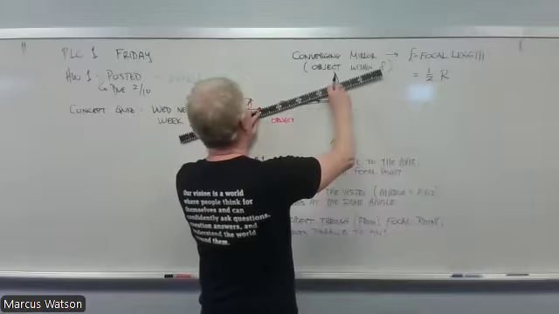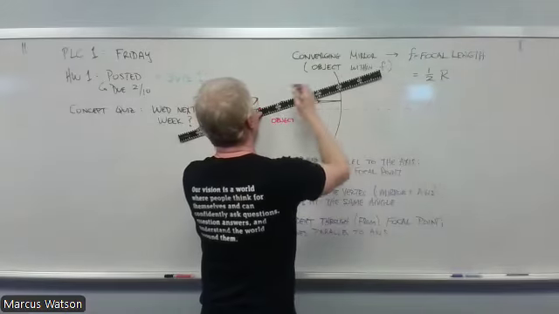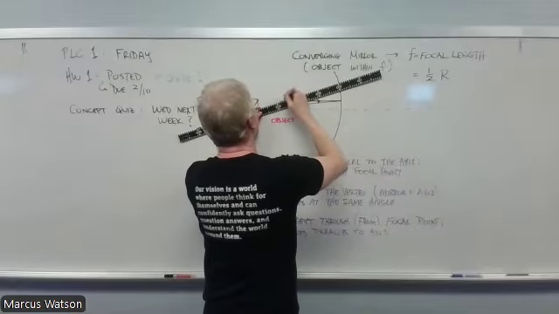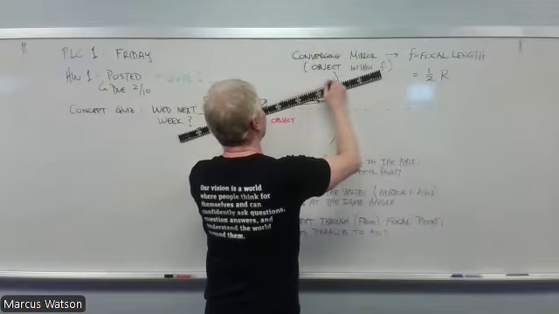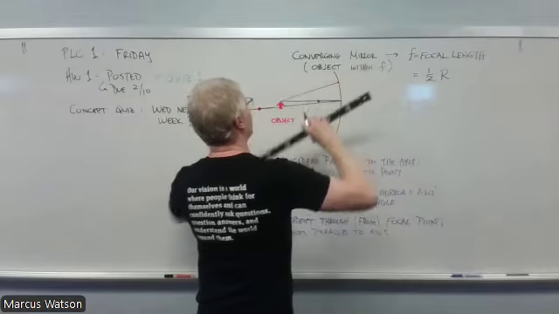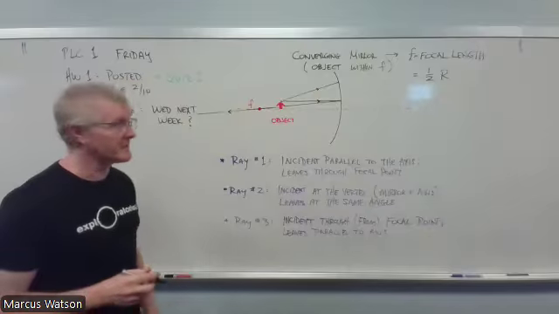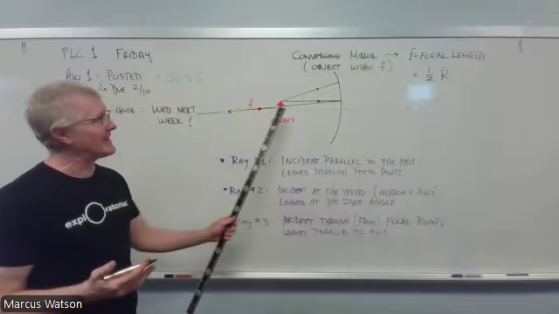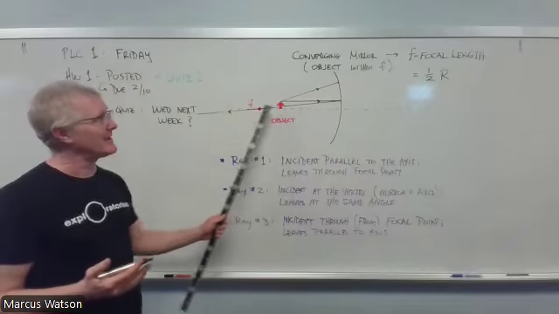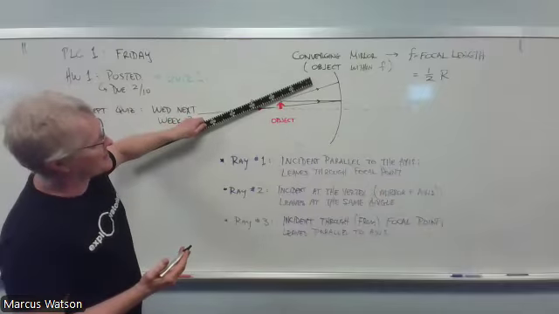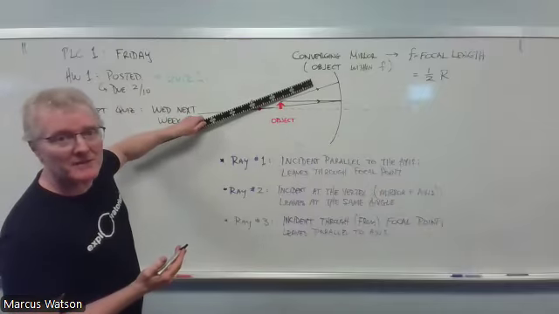Okay? And when I do that, it's going up like that, it's going to go that way. There's a ray of light that comes off the object that's going that way, and it's on the line that connects the focal point with the top of the object.